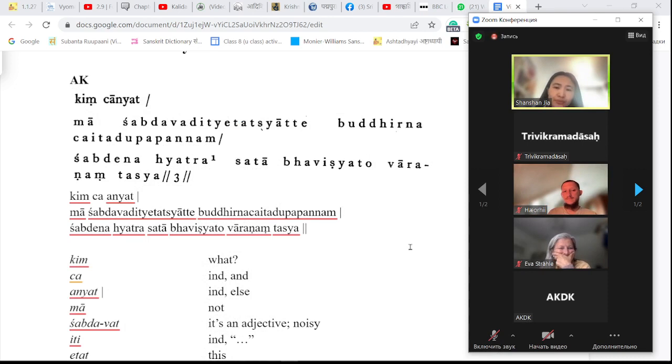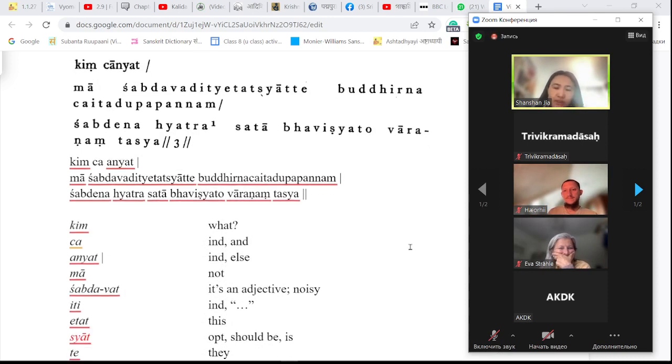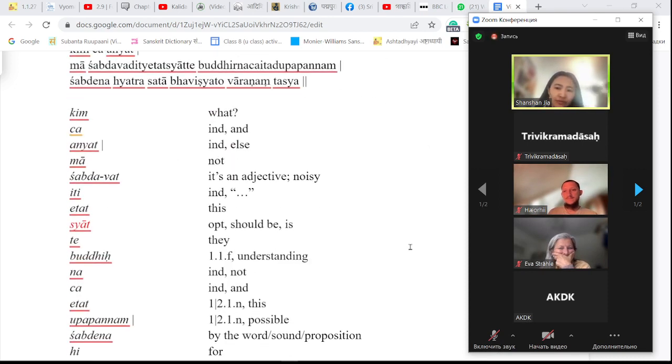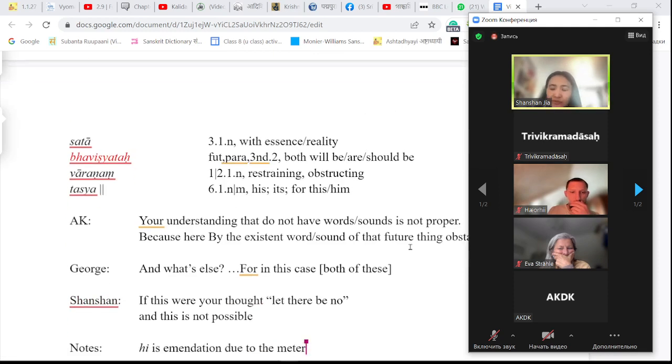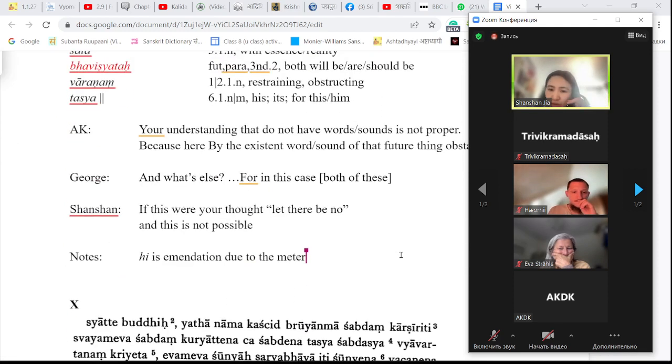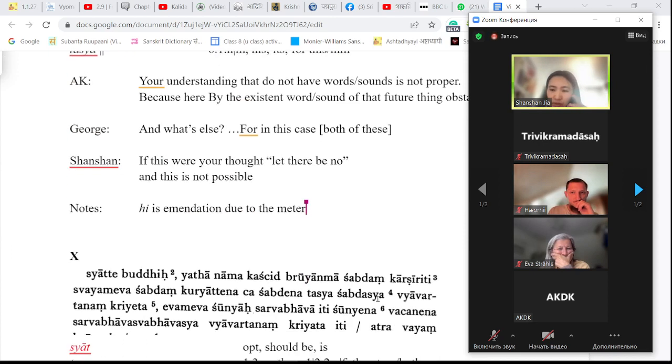That means the prose is supposed to be commenting on the verse.